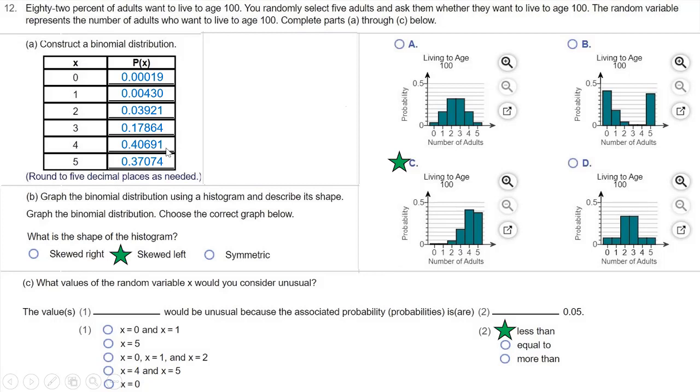But 3, 4, and 5 have values that are greater than 0.05. So x equals 3, x equals 4, x equals 5 are not unusual, but 0, 1, and 2 are. So when we're making our choice for the first blank, we're going to pick this third choice down, x equals 0, x equals 1, and x equals 2. And that's your answer.